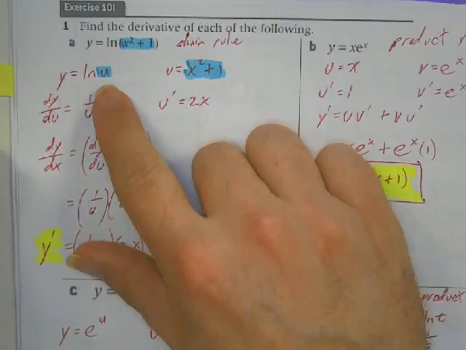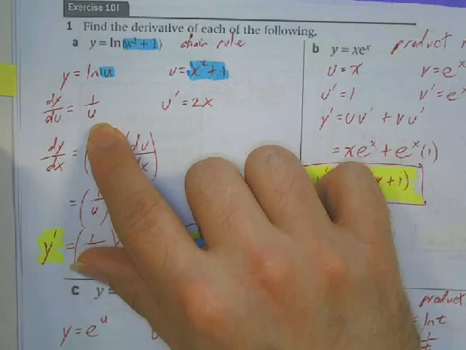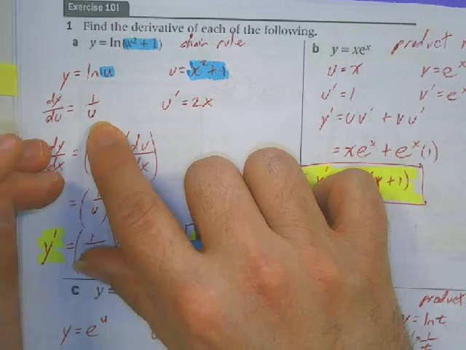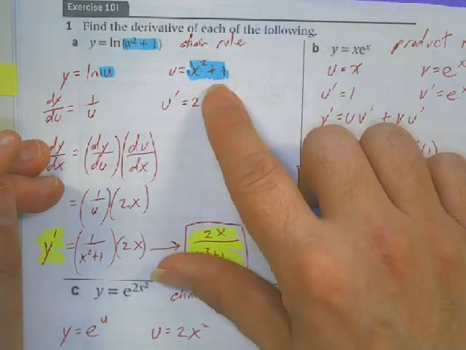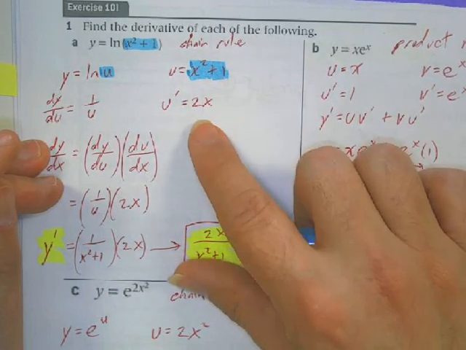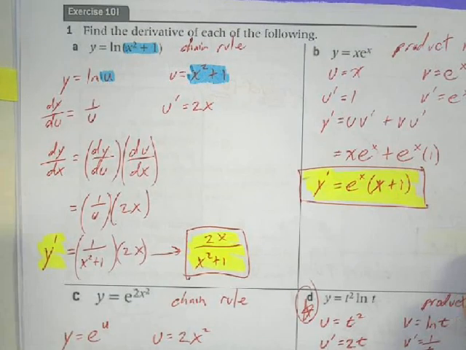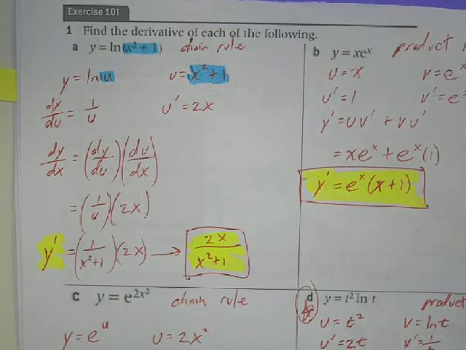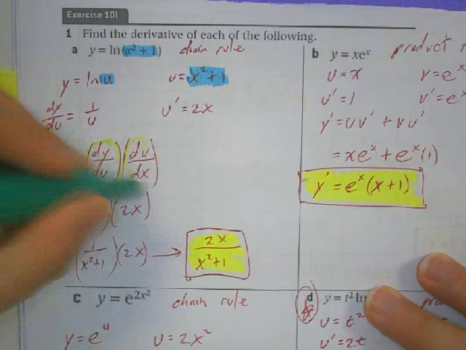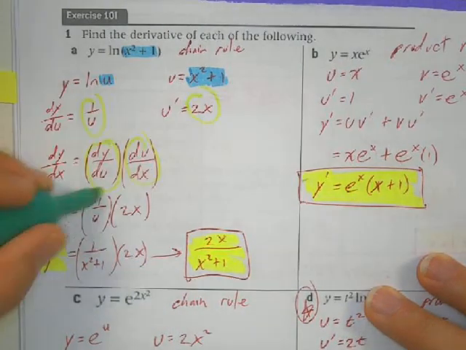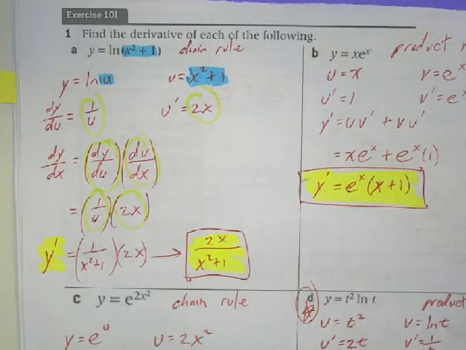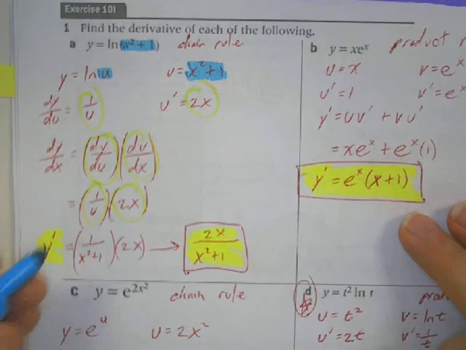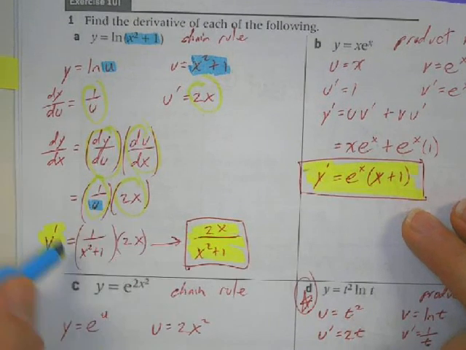The derivative of natural log of something is equal to 1 over that something. The derivative of x squared plus 1 is 2x. And now I'm replacing this and this with that and that. And then I substitute u with this stuff here.